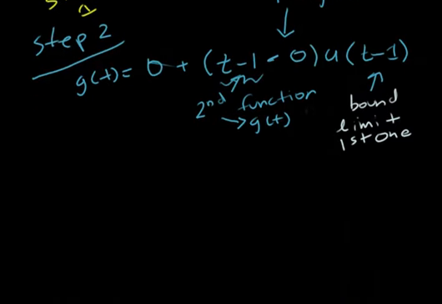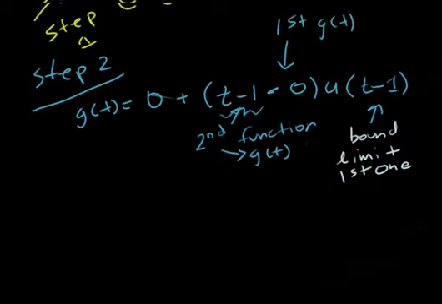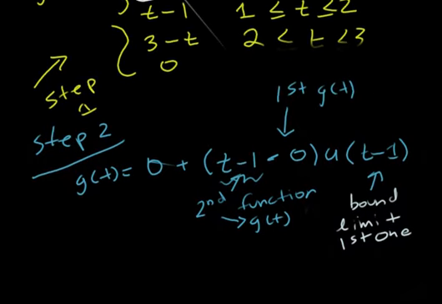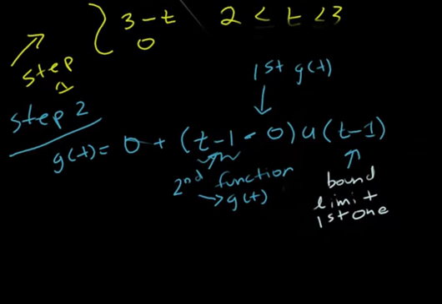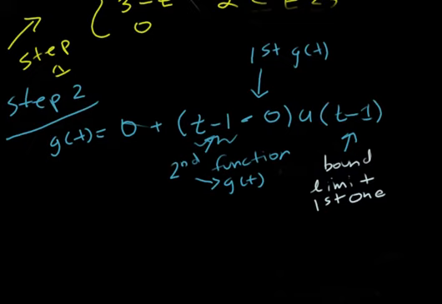So again, let me do a quick review. Like we said, t minus 1 is the second function minus 0 times u. T minus 1 is the bound of the first one.